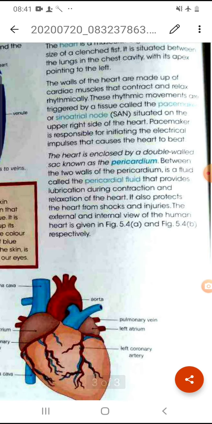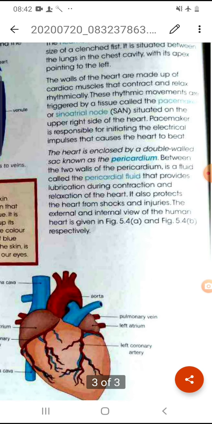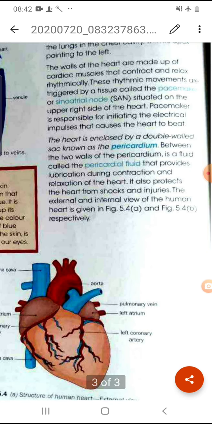The heart is made up of cardiac muscles, and the contraction and relaxation occur rhythmically, right? These rhythmic movements are triggered by a tissue called the SA node, that is the sinoatrial node, or pacemaker, that is situated on the upper right side of the heart.